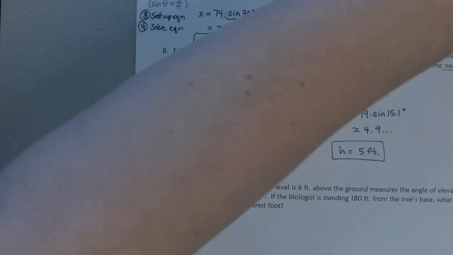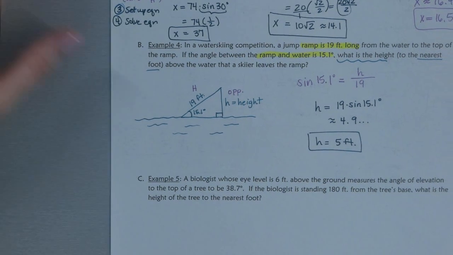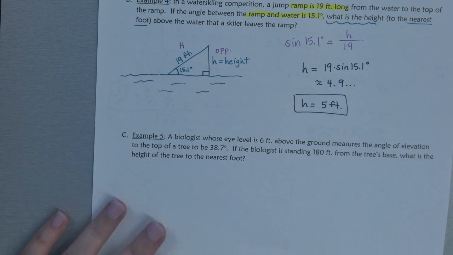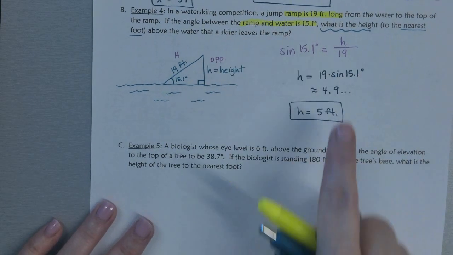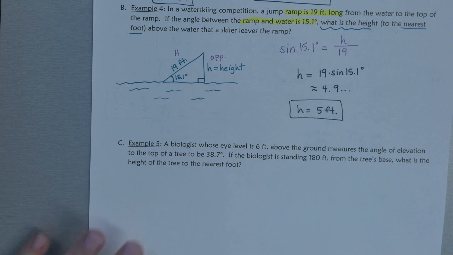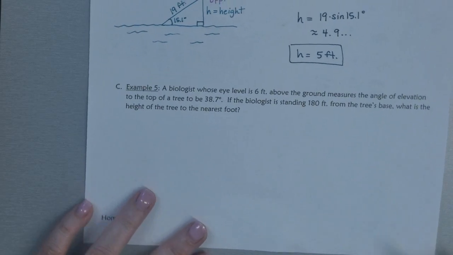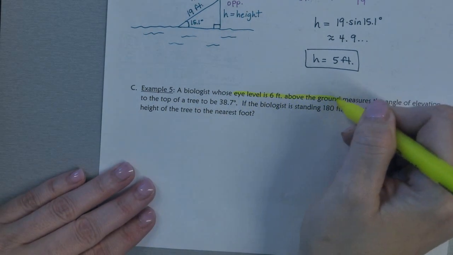Now when you get to the end, make sure you also label your units. So in this case, if they give you the units of measurement, you use those as well. Alright, for the next one we have a biologist whose eye level is 6 feet above the ground.